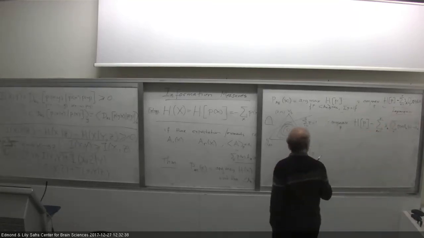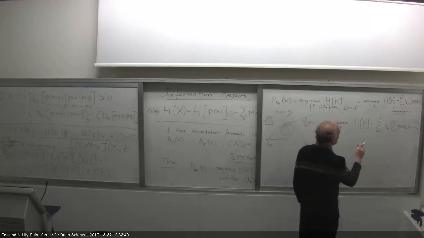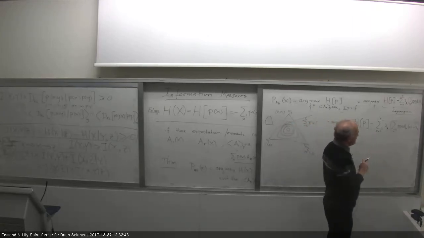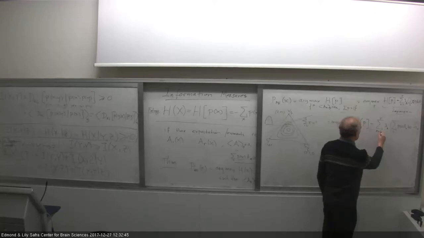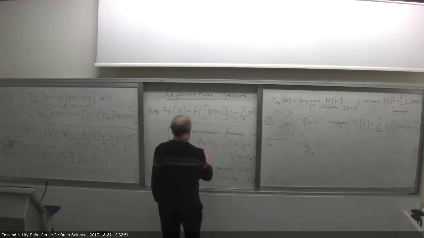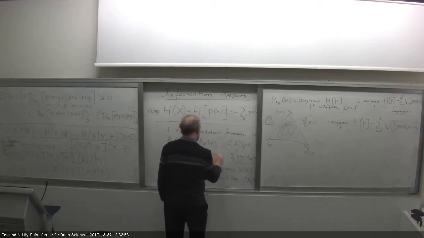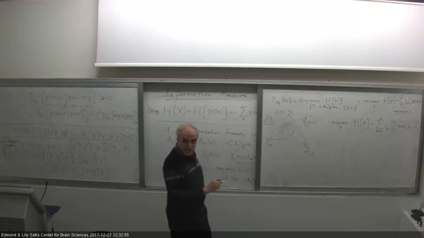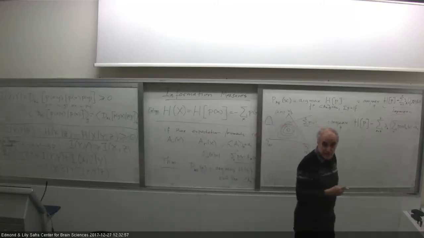Remember, there's also a constraint which I didn't write, the normalization constraint. So I simply use the convention that a0 of x is simply 1. And by adding it here, I also added the normalization. Okay?